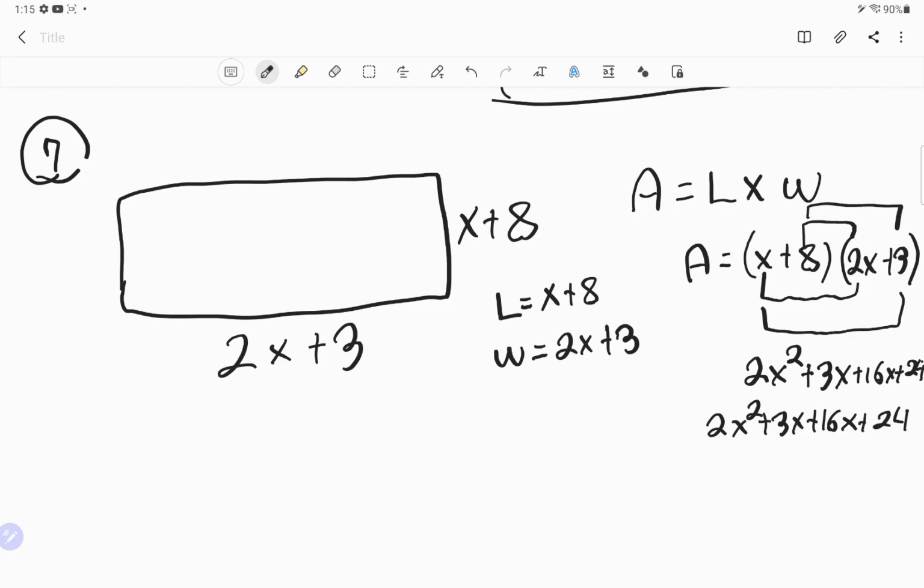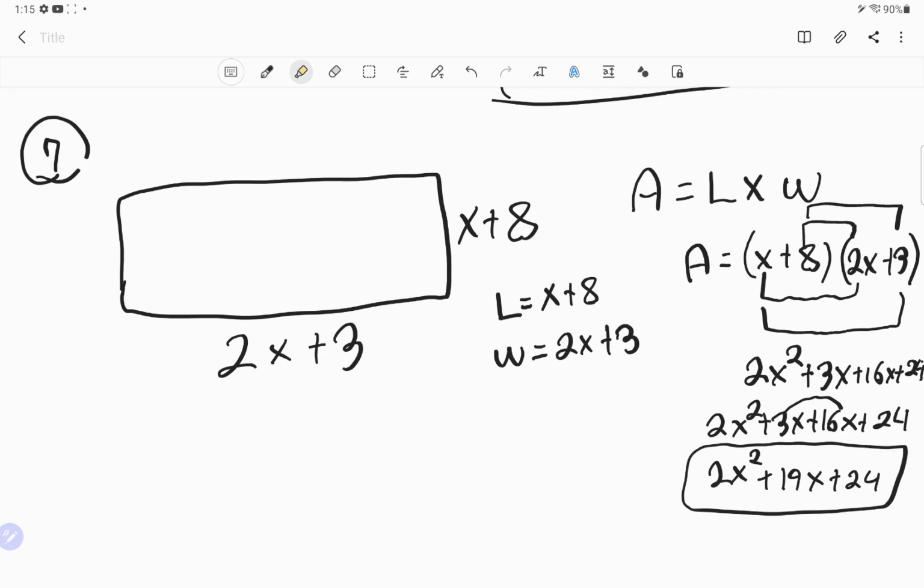At this point, you're going to have to combine like terms. So I'm going to write 2x squared. I'm going to add these two together, so I should get 19x plus 24. And that's it. That's literally all you do. That is going to be my answer right here.